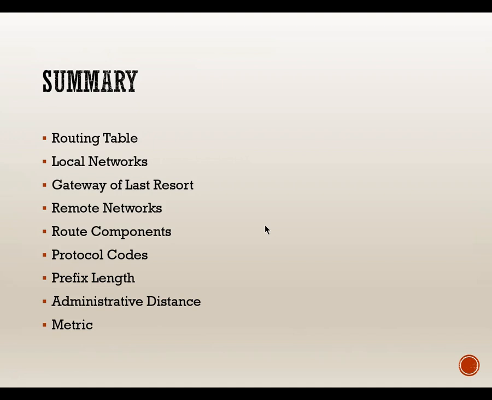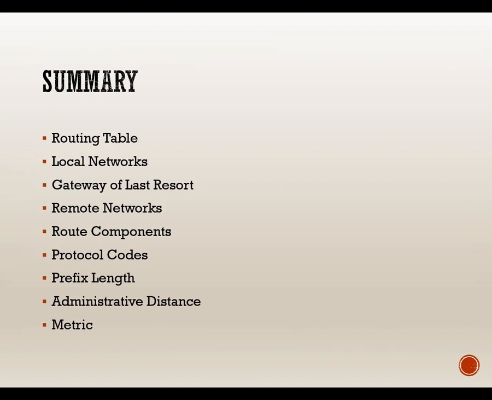So with that, what we talked about was the routing table and its components: local networks, the ones that are directly connected, the gateway of last resort, also called the default route, and remote networks, and how we get that information. We had different protocols and the route components.